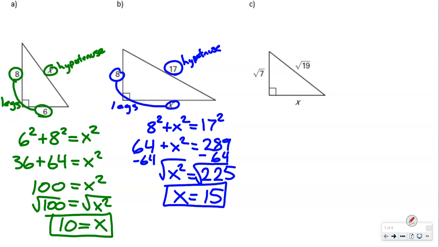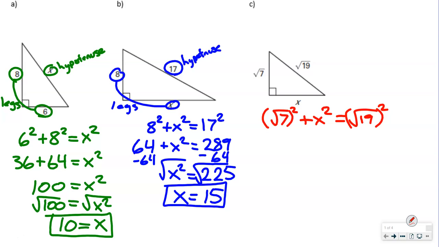So looking at our next example, our x is one of our legs again. So we will have square root of 7 squared plus x squared equals square root of 19 squared.